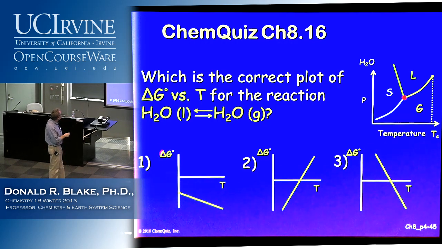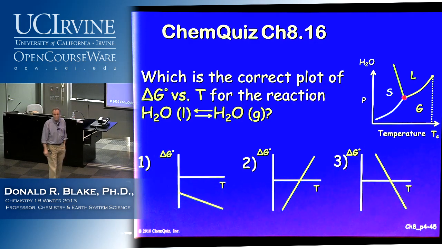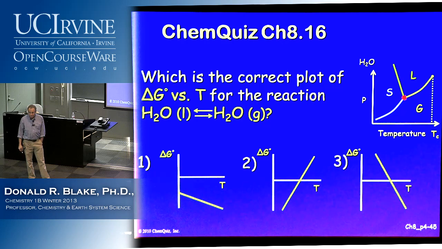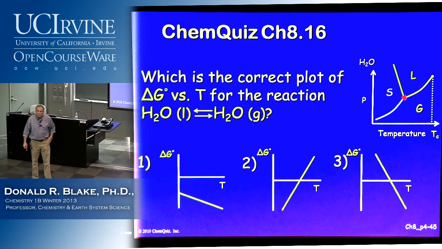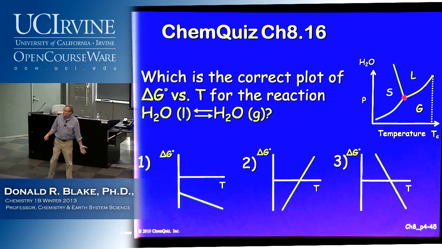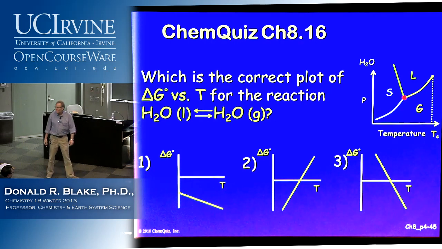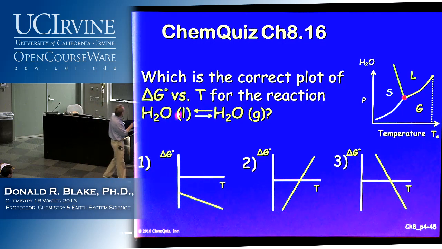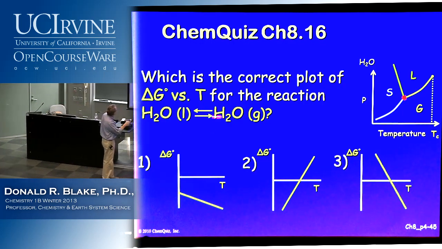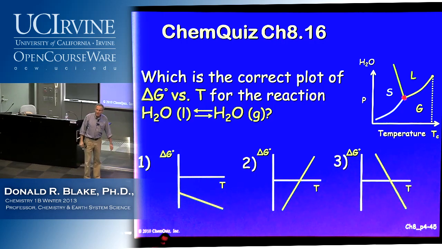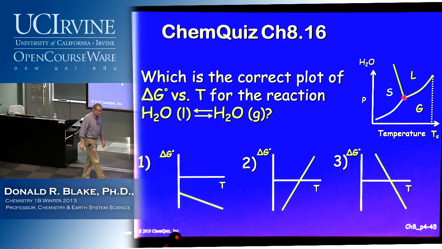Is it always a negative delta G, or does it become negative at a certain temperature? Now this is where a little bit of your own intuition comes in. We've done several problems today with water. What we know is that liquid to gas happens, but it only happens at a certain temperature.